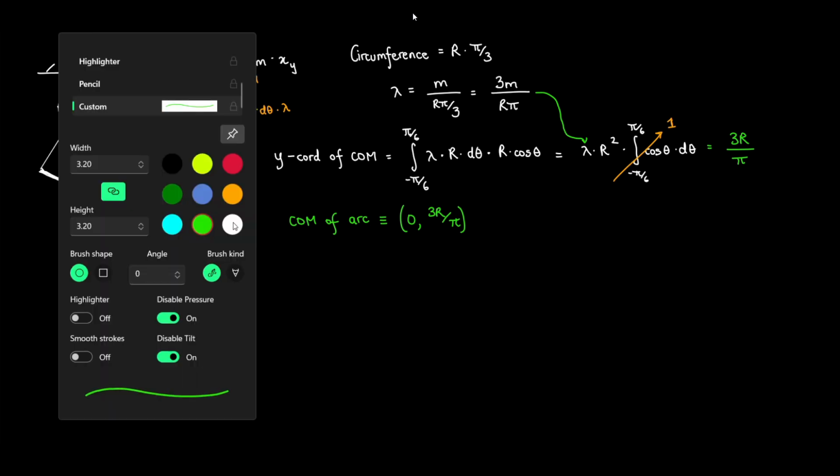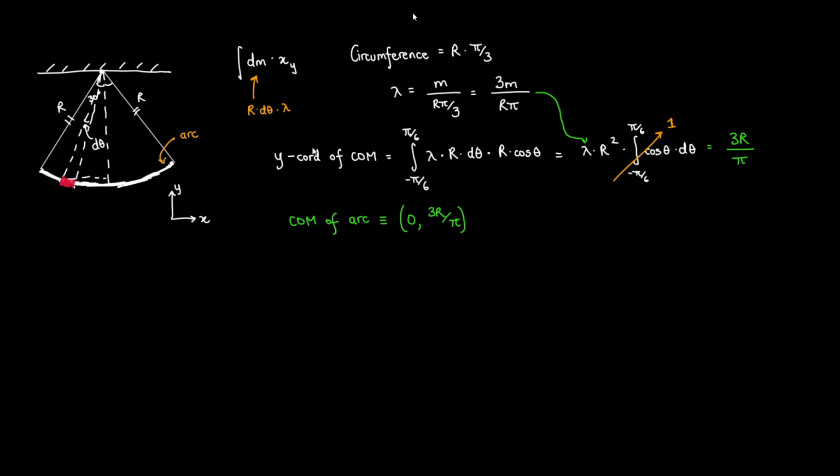Now let's move on to finding the moment of inertia of the arc about the axis which it is rotating. So this arc is going to be in SHM about this axis, which I'm labeling in green. It's going to go to and fro about this axis. So to calculate the moment of inertia of the arc, we will again apply integration.